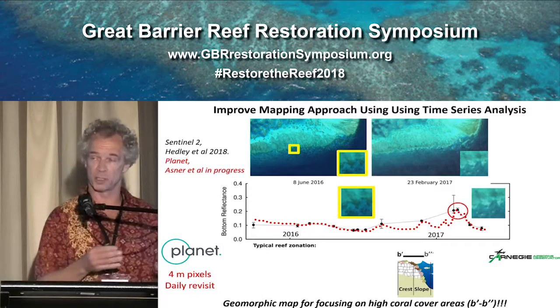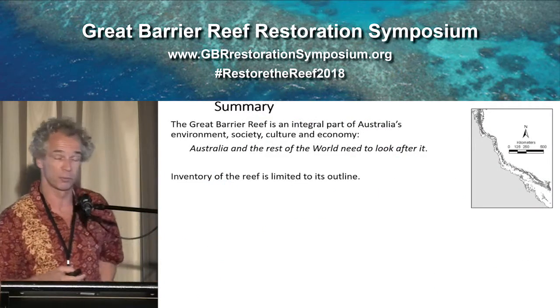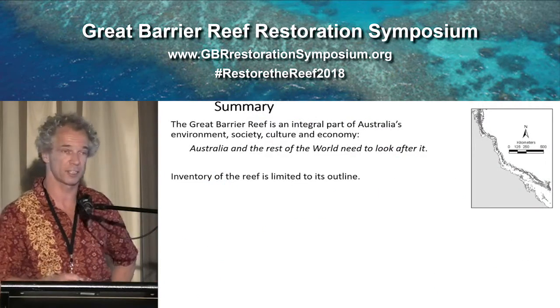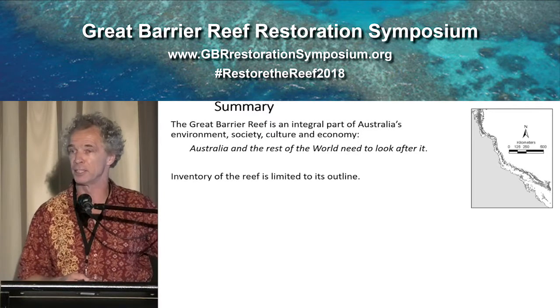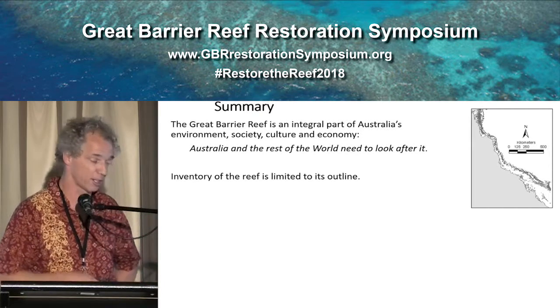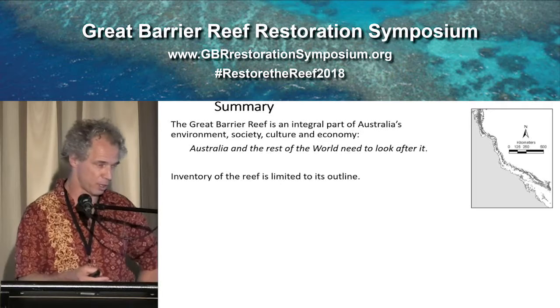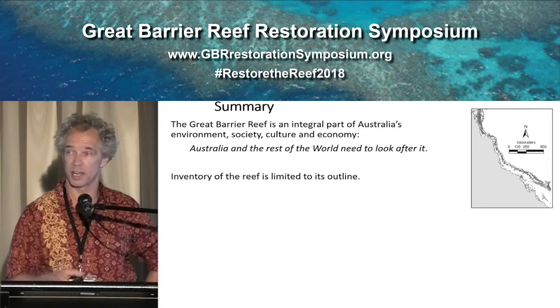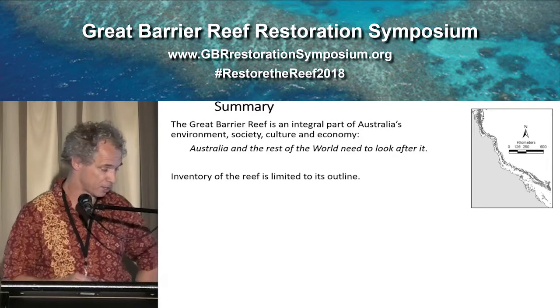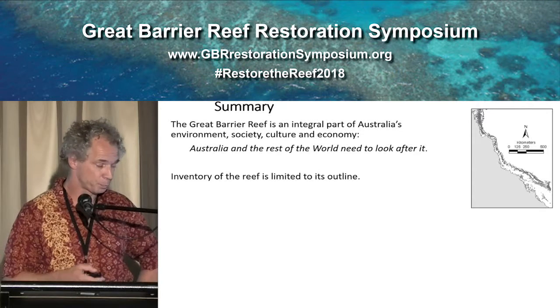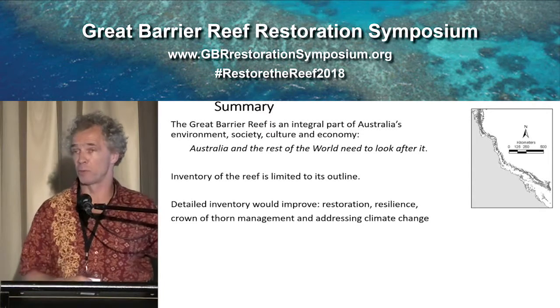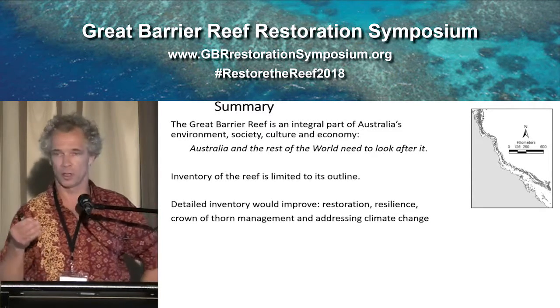So, summarizing my talk, we basically said that the Great Barrier Reef is a great asset, we need to take care of it, and lots of restoration could be used for it, but we need better data to know where the reef actually is, as this will improve resilience, management and monitoring.